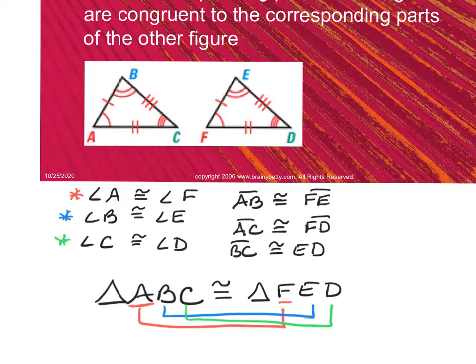Notice how AB are the first 2 letters here, and it matched with FE, and that was the statement I put here. Or let's say you did the last 2 letters, BC, and it matches with ED, which was this one. And then if you did the beginning to the end to make your side, that was the middle one. So the order of this statement is going to be very important. If it is not written in the precise order, you will get these questions wrong.